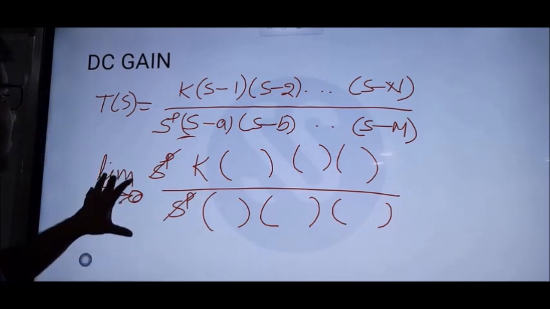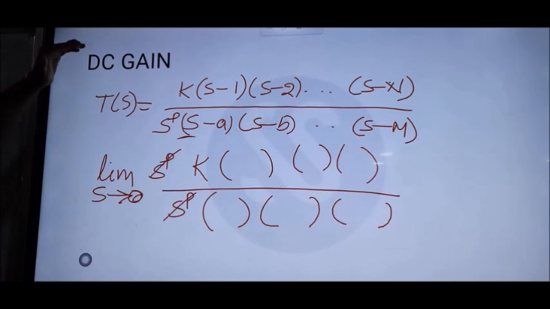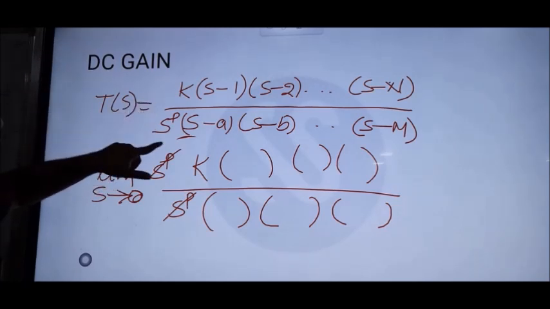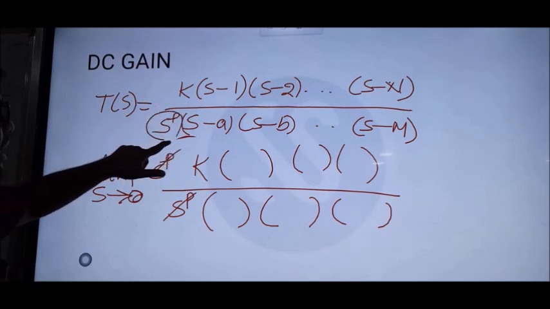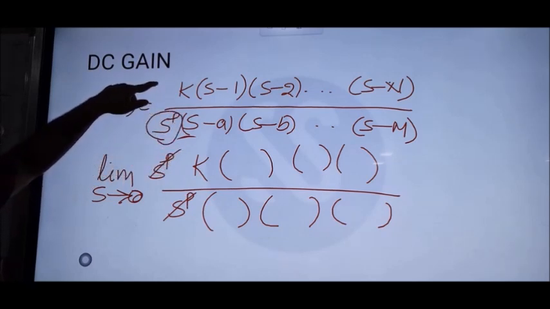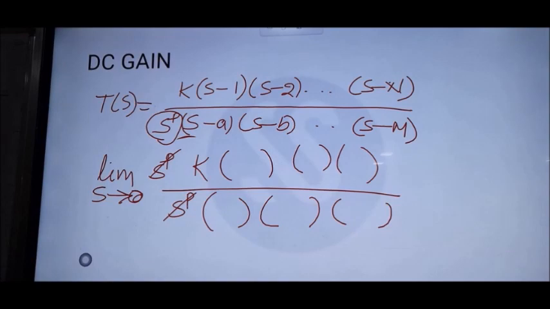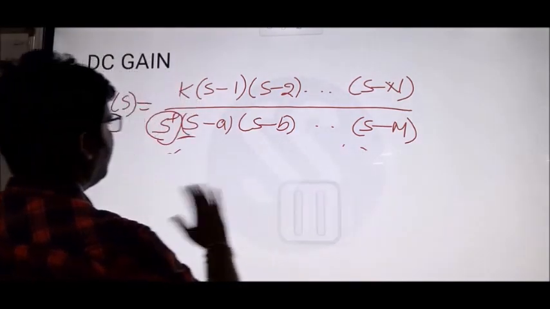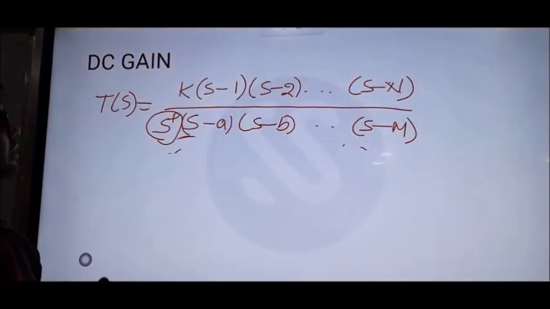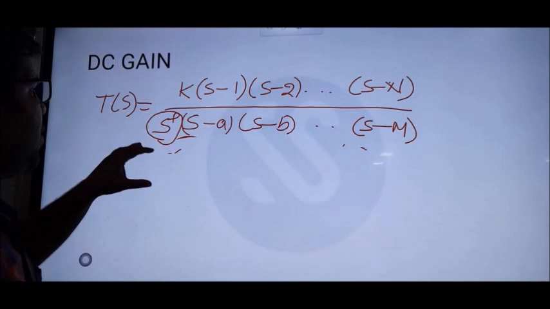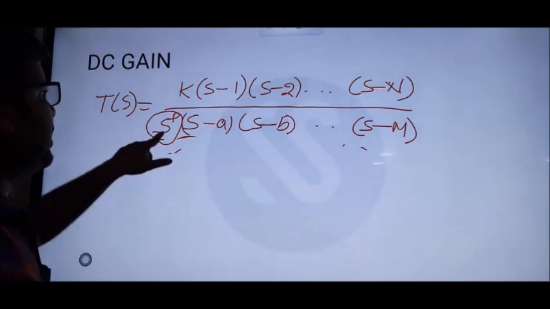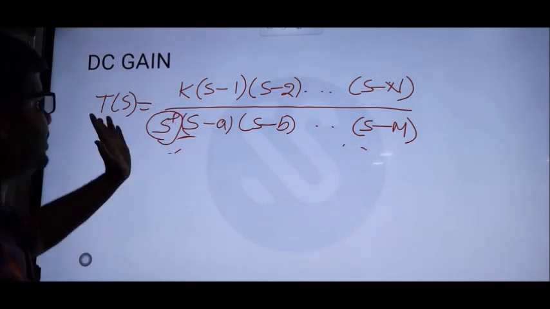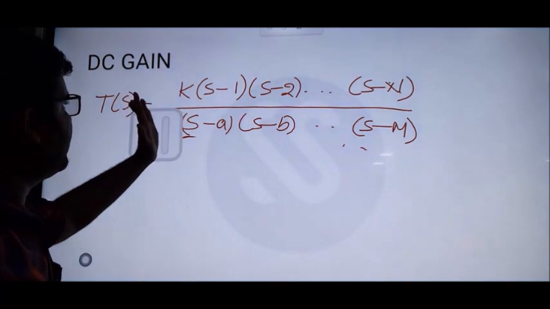So the formula says that to find the DC gain, you take the limit and multiply the numerator by the s power, so that these two get cancelled. Or if you want to do it directly, you just see how many poles are at the origin. Here p poles are at the origin, so erase this part.